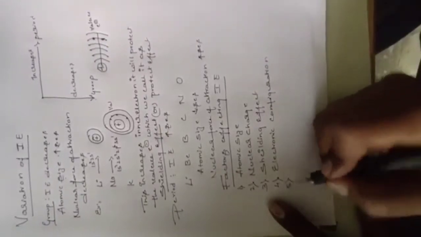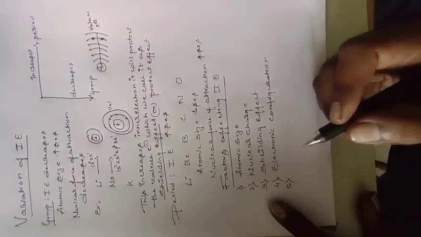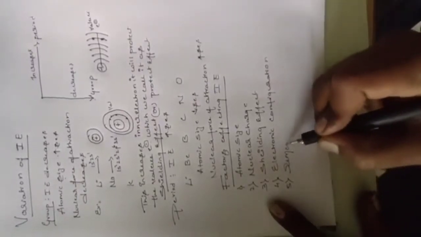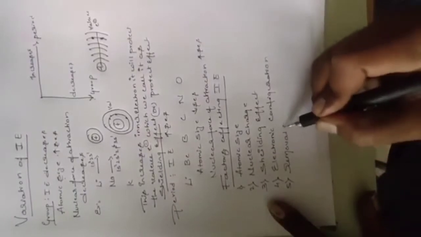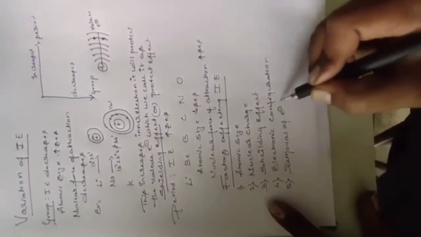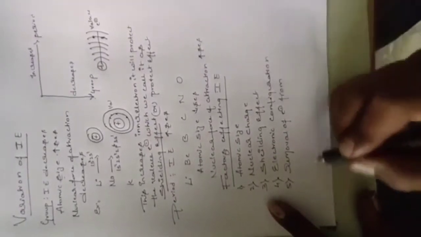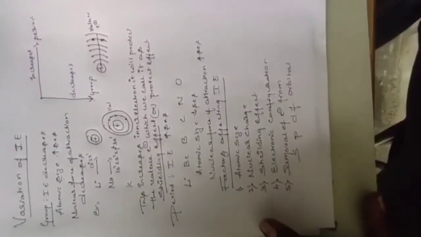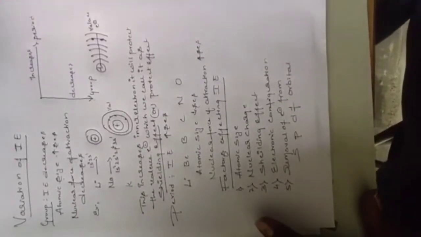Fifth, removal of electrons from the orbitals, that is s, p, d, f orbitals. These are the factors affecting the ionization energy.